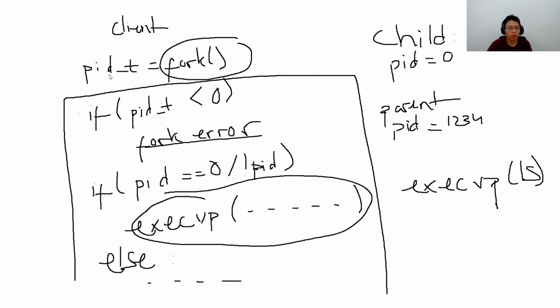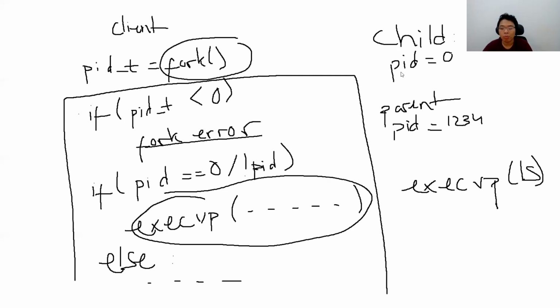Okay. So in the client, you have pid_t. Let's call this a variable pid_t, and let's assign it fork. Fork right here, so that it will now spawn into two processes.